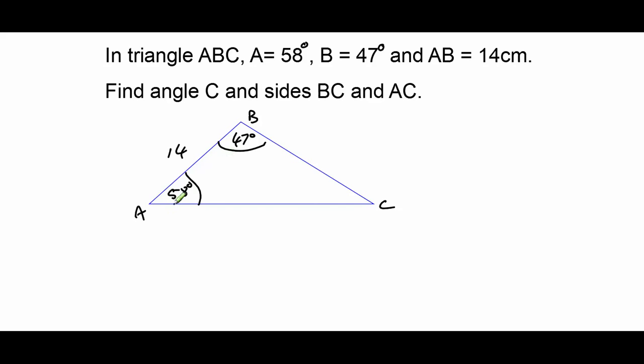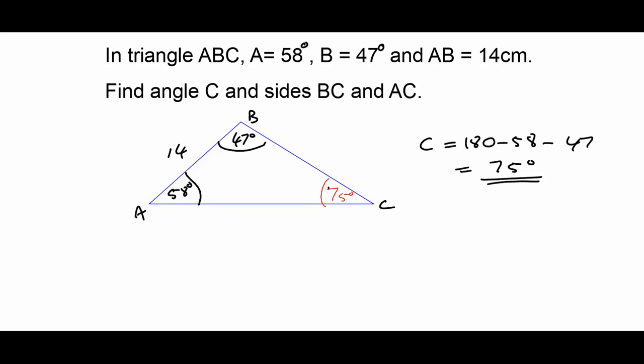Now we've got two angles, so to find angle C we need to use the fact that the three angles of a triangle add up to 180, so C is 180 minus 58 minus 47, which is 75 degrees. So we can put that on the diagram. I'll put a different colour, 75 degrees.